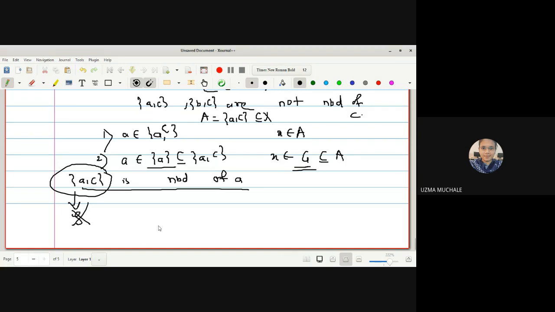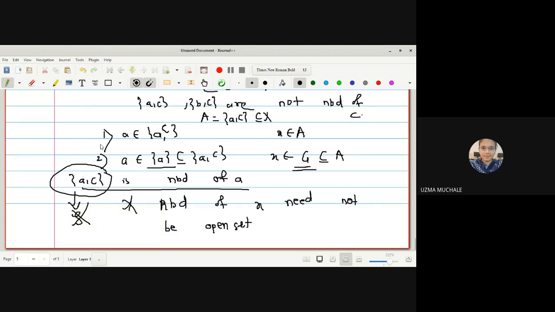Okay, let me write down the remark. Neighborhood of x need not be an open set. For that you can write this example that AC is a neighborhood of A. Or in another way, you can say each subset of X need not be a neighborhood of each of its points.